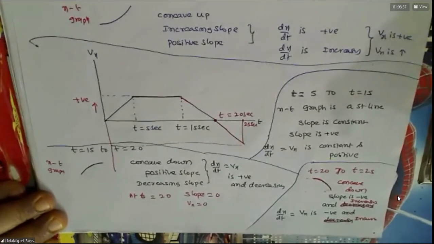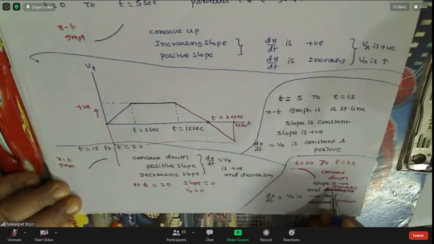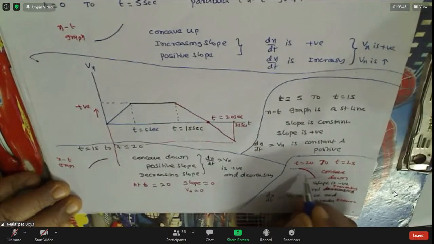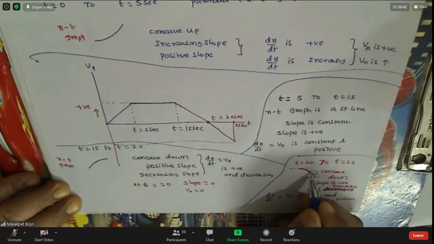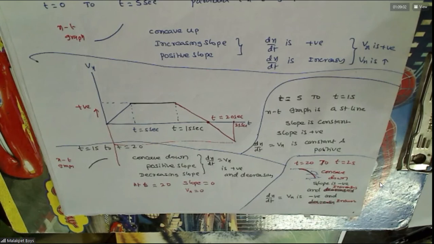From top to bottom, theta is decreasing, so tan theta will be decreasing, and slope will also be decreasing. So for concave down, slopes are decreasing.